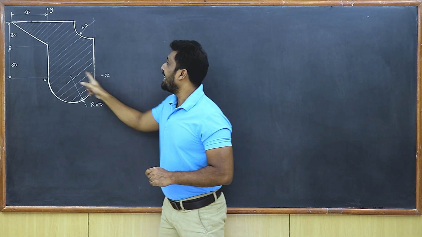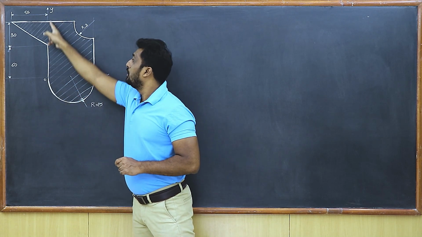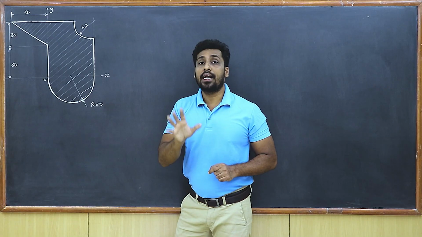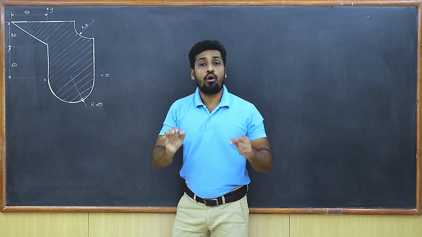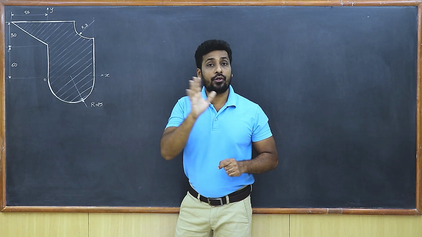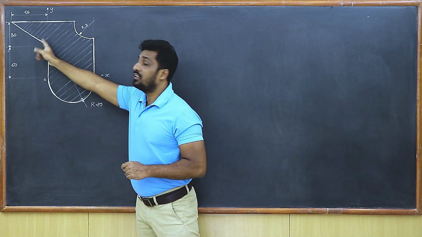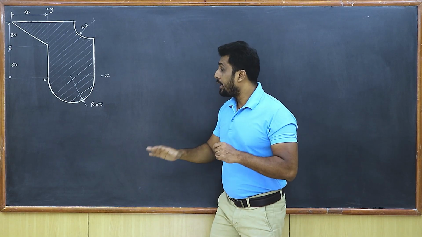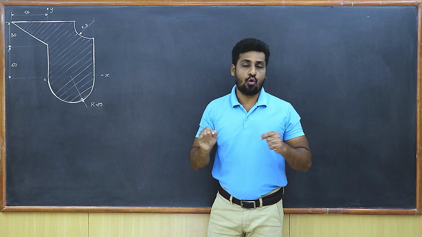If you take a look at the x-axis, the y-axis, obviously this point O is the origin. So this becomes your first quadrant, and in the first quadrant you can see there is a rectangle and the quarter circle. But what can you observe about the triangle and the semicircle? You can see that the triangle is in the second quadrant, isn't it? The triangle is in the second quadrant, whereas the semicircle is in the fourth quadrant.